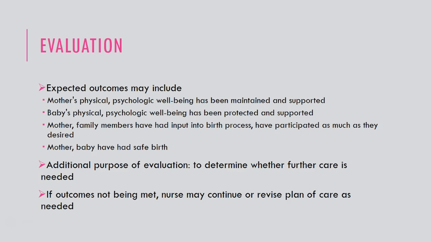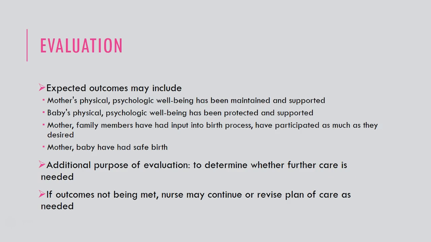Other expected outcomes that we can include also are making sure that the mother's physical and psychological well-being are maintained and supported throughout the process, and that same thing for the baby, that we have protected and supported the baby's physical and psychological well-being. Family members, again, play an important role.